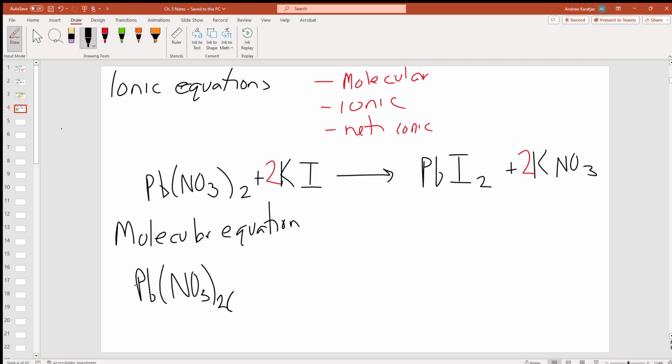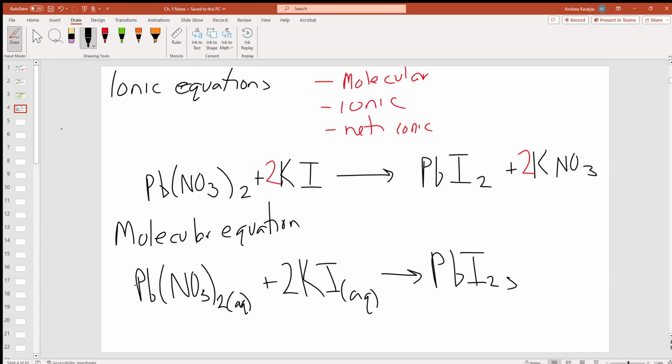So lead nitrate, aqueous, plus 2 KI, aqueous, reacts to form lead iodide, solid, plus potassium nitrate.